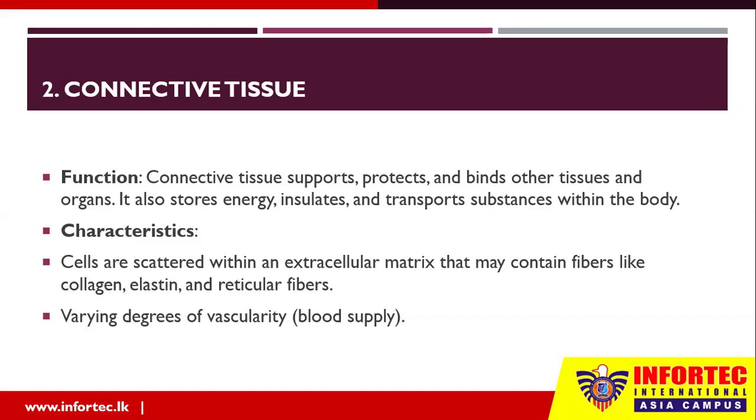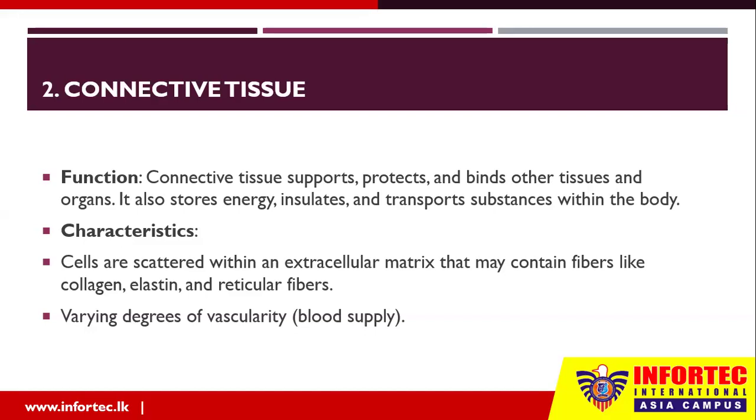Okay, so these cells are of different types depending on the tissue, right? So there are fibroblasts, adipocytes, macrophages, like cells, right? Then, as I already mentioned, there are fibers, right? These fibers provide strength and flexibility. When we take collagen, these collagen fibers are strong and thick, right? When we take elastin, it is stretchy, right?